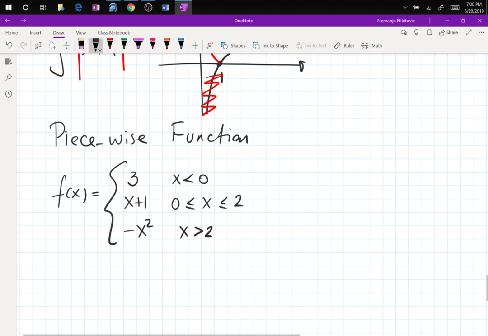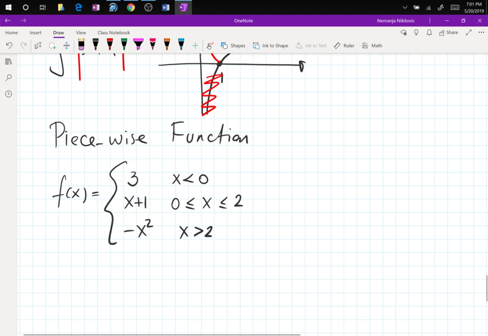So how many pieces does this function have? 3 pieces. There are three lines, like 3 lines of code. Now this shows you the partition on which these individual functions are active.